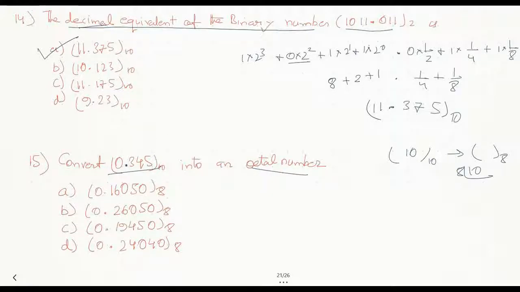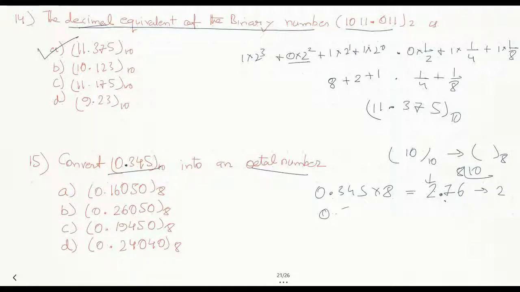But now as it is after the fractional point, the decimal point, that's why we will multiply it. So what will it become? 0.345 into 8. This will evaluate to 2.76, and we will store 2 for our reference, so we'll get 2 out of here.